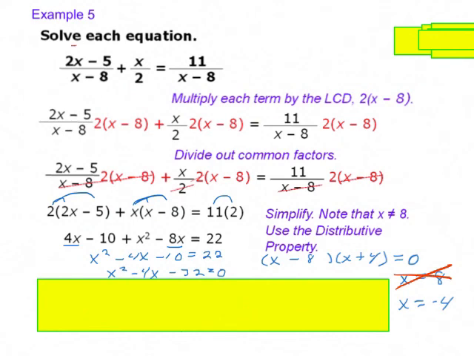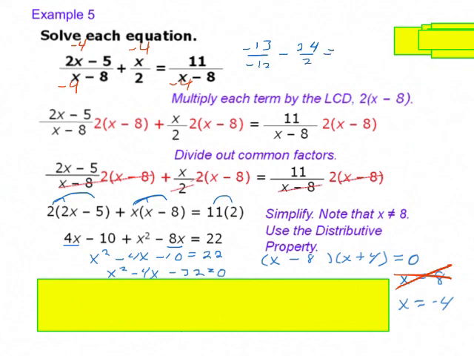I'm going to plug that negative 4 here, plug that negative 4 there, plug that negative 4 there, plug that negative 4 there. And what do I get here? Let's see here. I'm going to get, looks like negative 13 over negative 12. And then I have negative 4 over 2. I need to get a common denominator. So if I get a common denominator, that's going to give me negative 24 over 2.